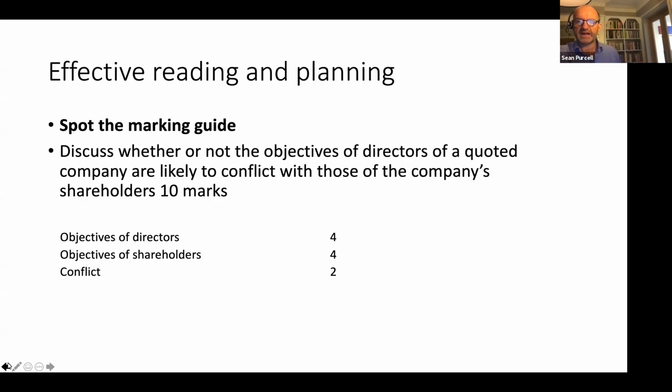We're breaking it down, and it makes sure we attempt all parts, and therefore we maximize our opportunity of getting marks. But remember, the ACCA marking scheme is quite flexible, and there's always credit given for any reasonable answer.